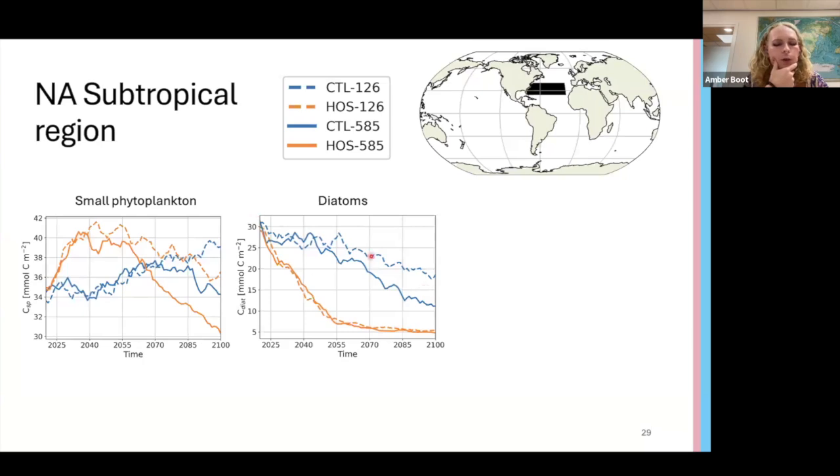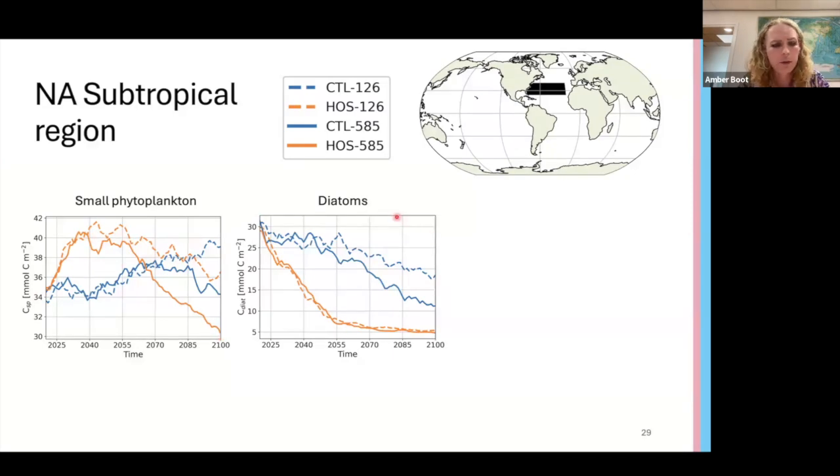And in the heating simulations, we see this very sharp, strong decrease in the diatoms, which is very similar to what we saw for the AMOC weakening. As the diatoms decrease sharply, we see first a sharp increase in small phytoplankton biomass, followed by a leveling off and a moderate decrease in the low emission scenario and a strong decrease in the high emission scenario.